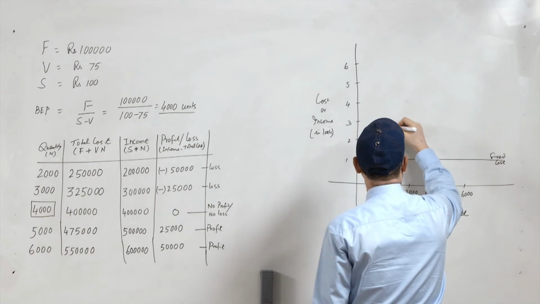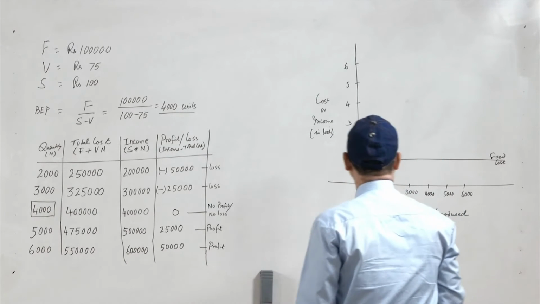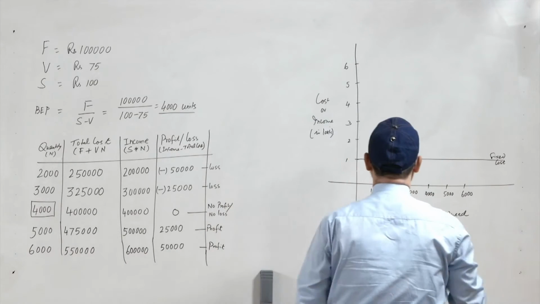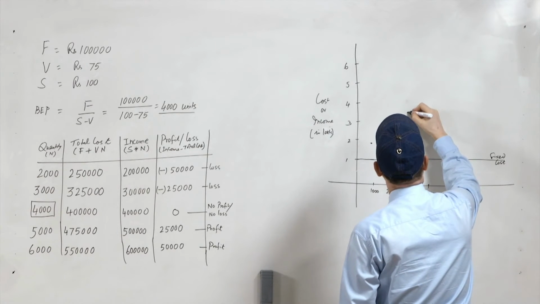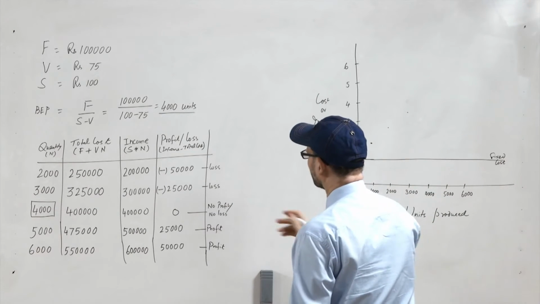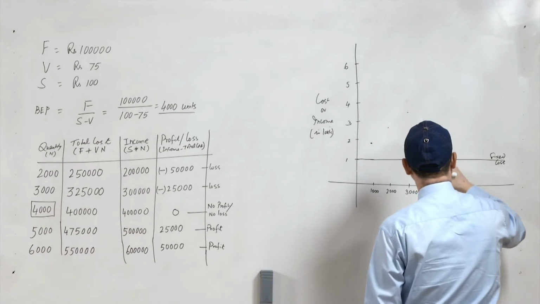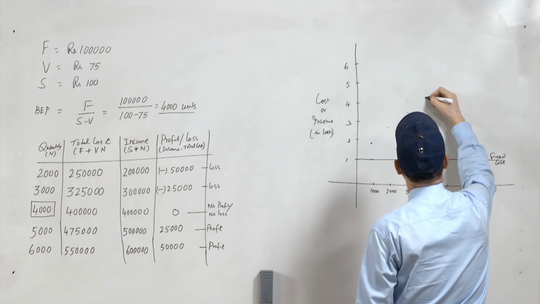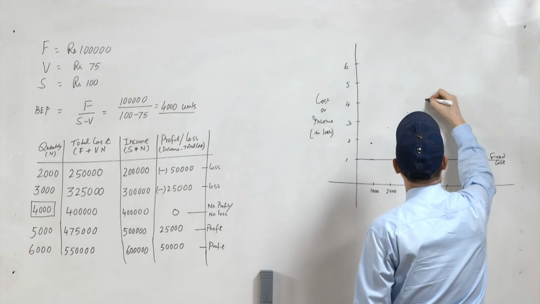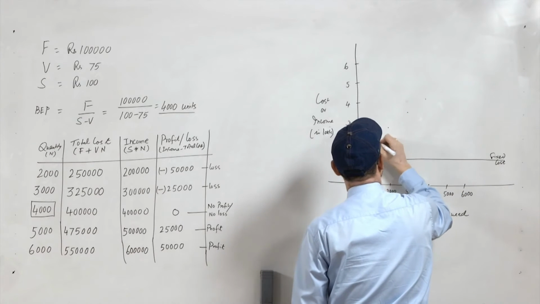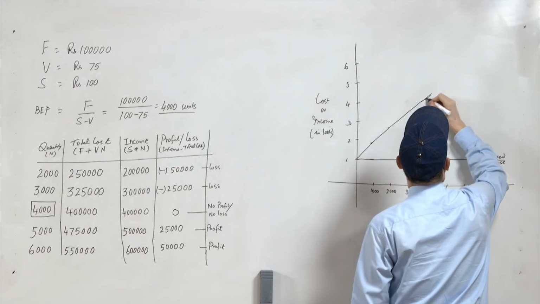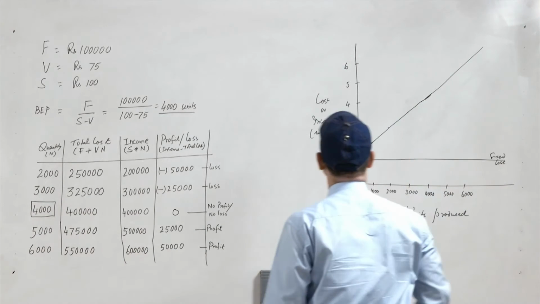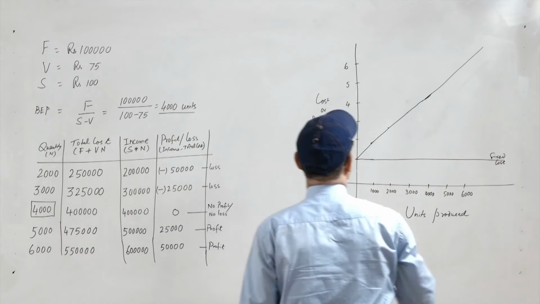It is here. Then for 3000 units, 3,25,000. It will be here. Then for 4000 units, it is 4 lakh. So, this line goes like this. So, this is your total cost line.